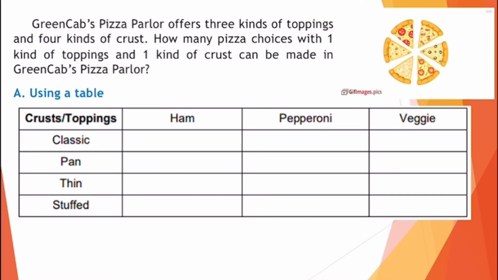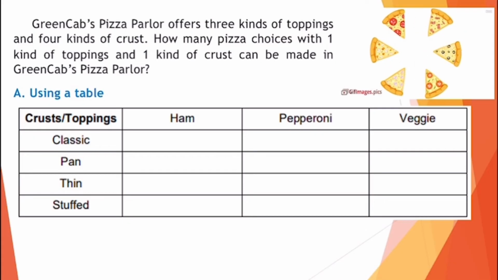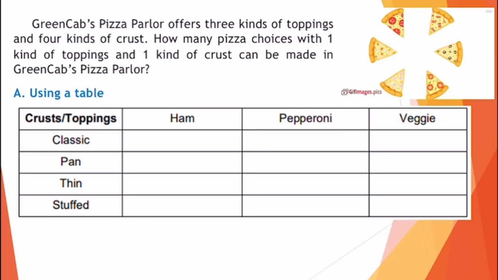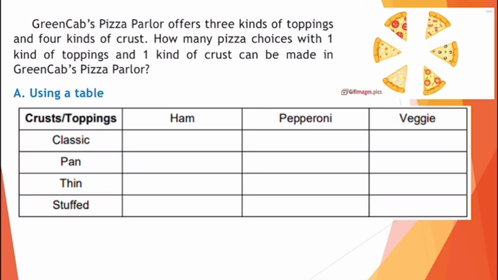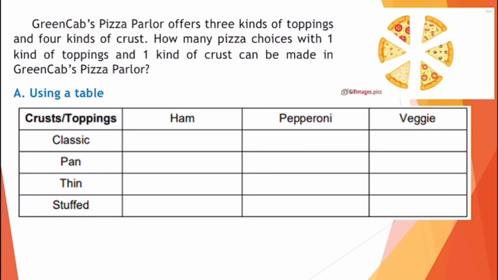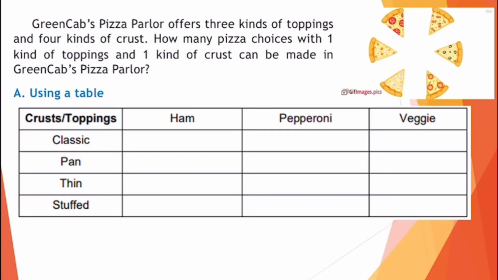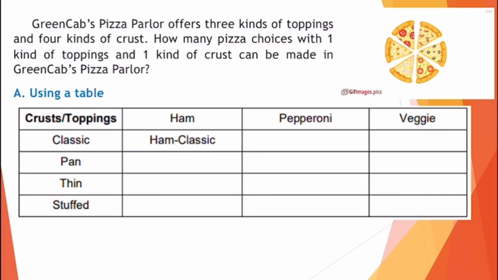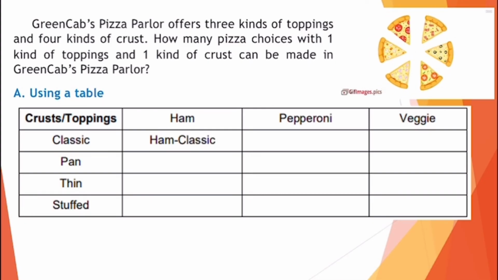Now, to know how many pizza choices with 1 kind of topping and 1 kind of crust can be made in Green Cub's Pizza Parlor, let's fill in the rows of this table. For example, if we have a classic crust and a ham topping, we will have ham classic.